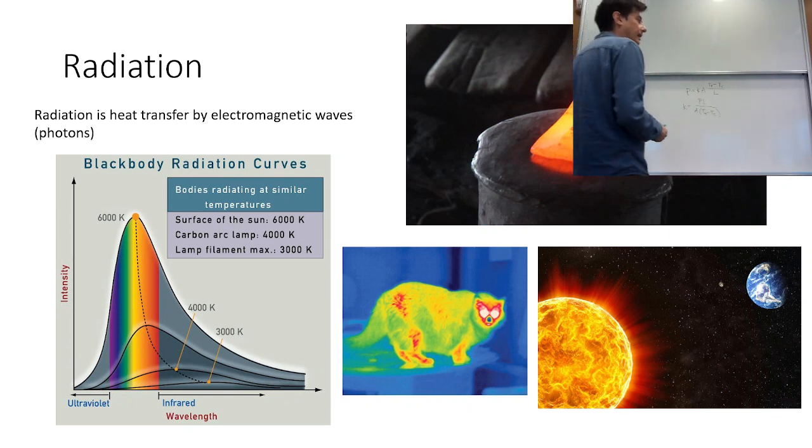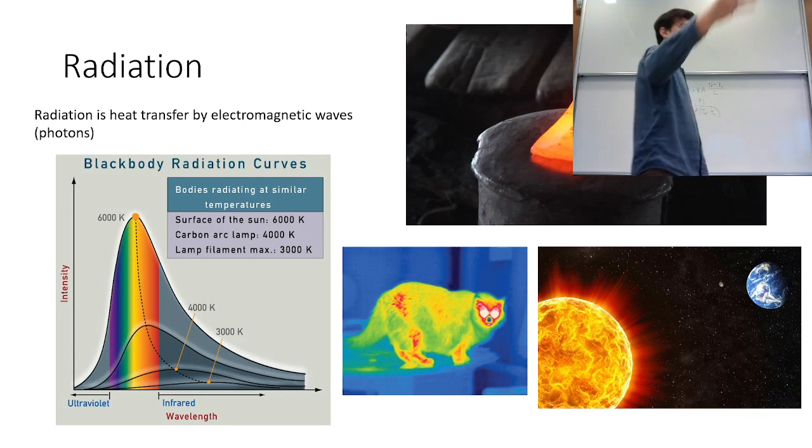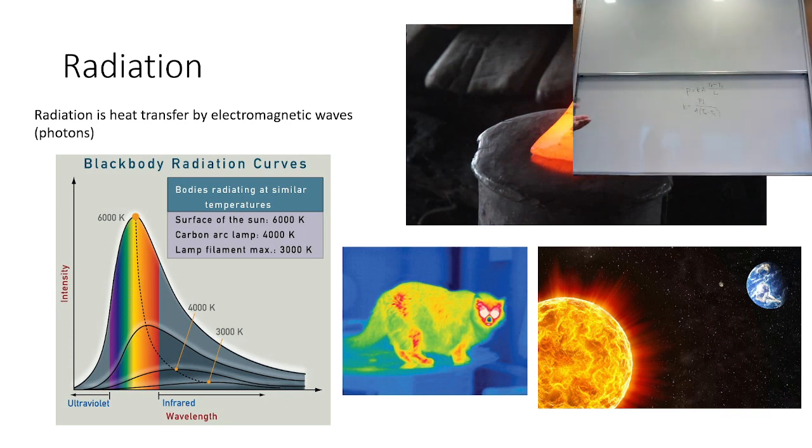And light carries energy. This is the only way that you actually get energy from the sun to the earth. Obviously there's nothing between here, there's no materials, there's no conduction, there's no convection, of course. So it's entirely some kind of light that's hitting the Earth, and that's heating up the Earth, right?